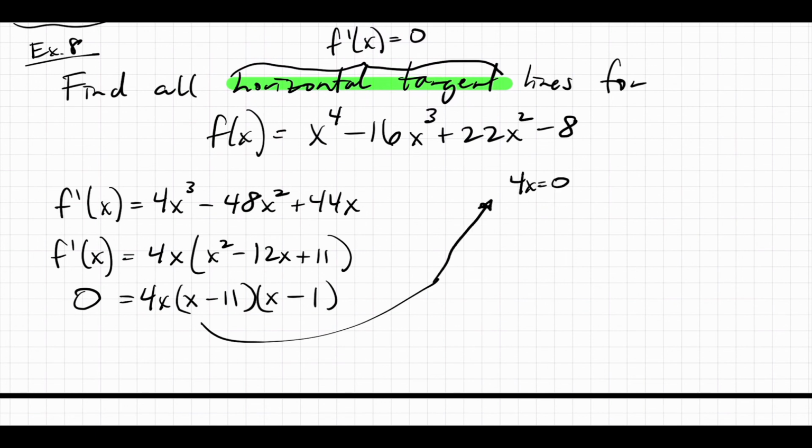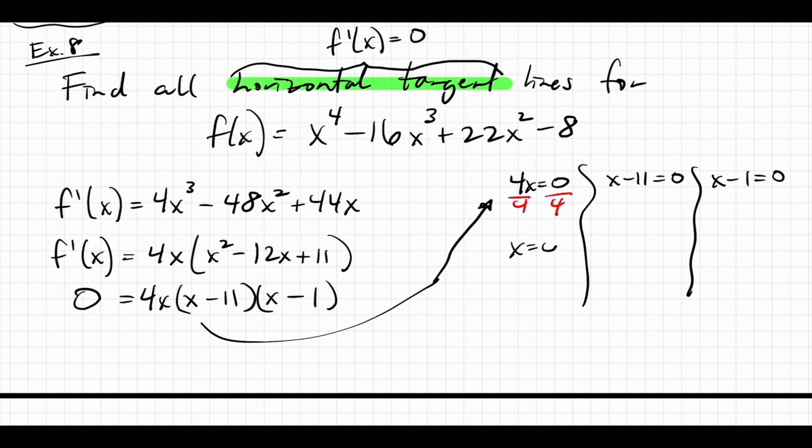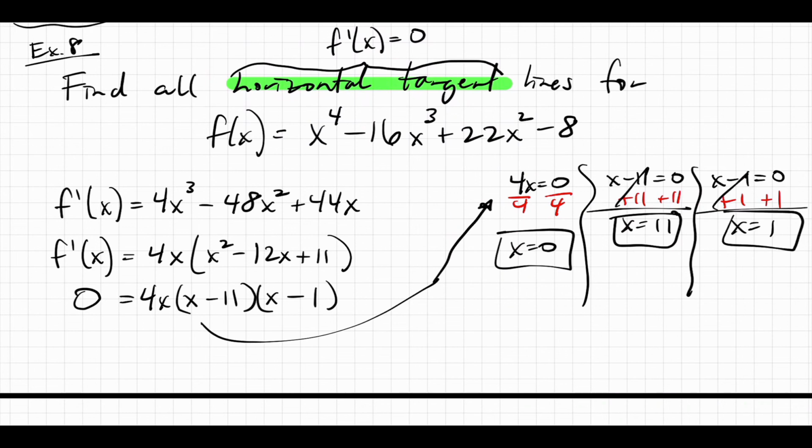So I get 4x equals 0, x minus 11 equals 0, x minus 1 equals 0. Divide by 4, x equals 0. Add 11, x equals 11. Add 1, x equals 1. Those are the 3 spots where I will have a horizontal tangent line, because those are spots where there's a maximum or minimum.